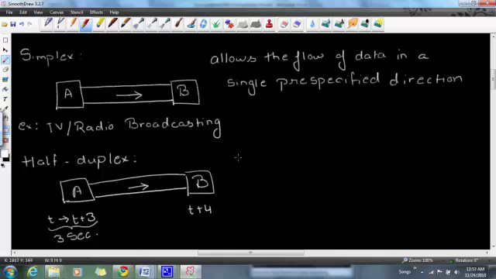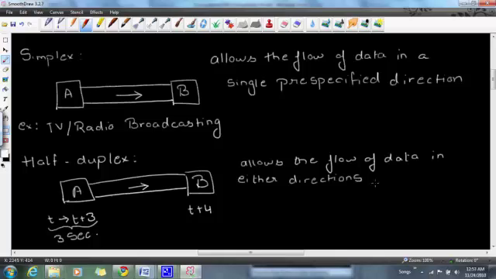So half duplex transmission mode allows the flow of data in either direction, but only one at a time.